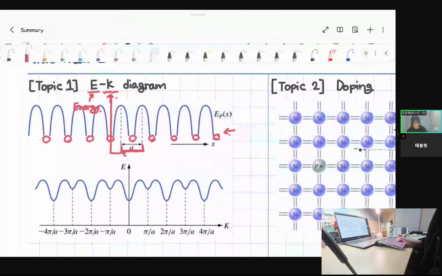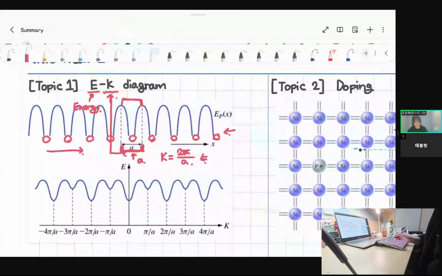So atoms are aligned, and we can get the gap between these two potential energies. We can just call this gap A. So K means 2 pi divided by A.